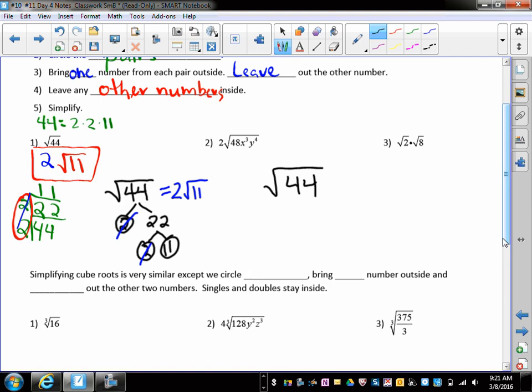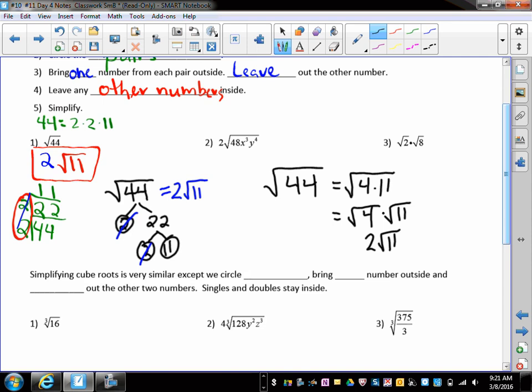We're trying to find any perfect squares. 44 is the same thing as 4 times 11. 2 times 2 is 4, and 4 is a perfect square. So technically we're doing the square root of 4 times the square root of 11. The square root of 4 is just 2, and the square root of 11 I can't do anything more with.